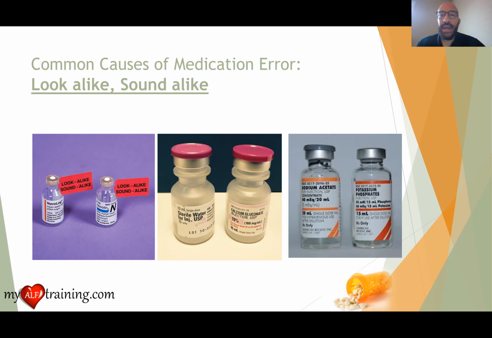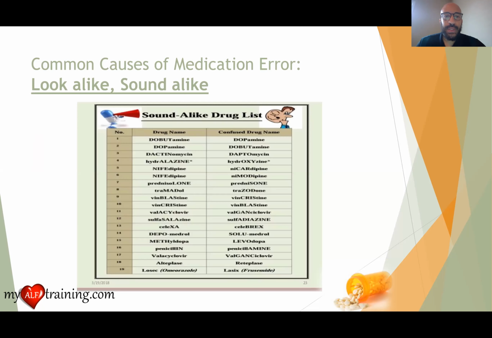And last, you'll see we have sodium acetate and potassium phosphate. Very similar. The only thing, I think, is the vial on the right, the potassium phosphate, doesn't have the lid on top. I'm pretty sure the lid on potassium phosphate is also gray. So that's just to show you some more medications that look alike.